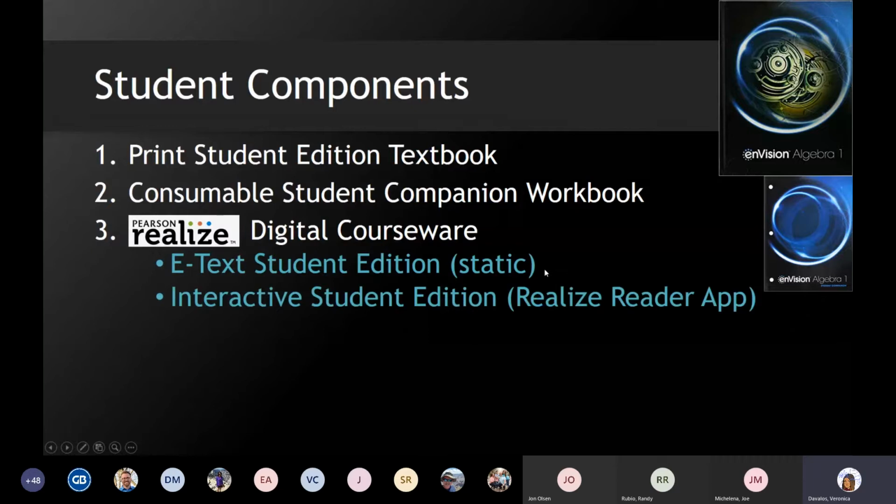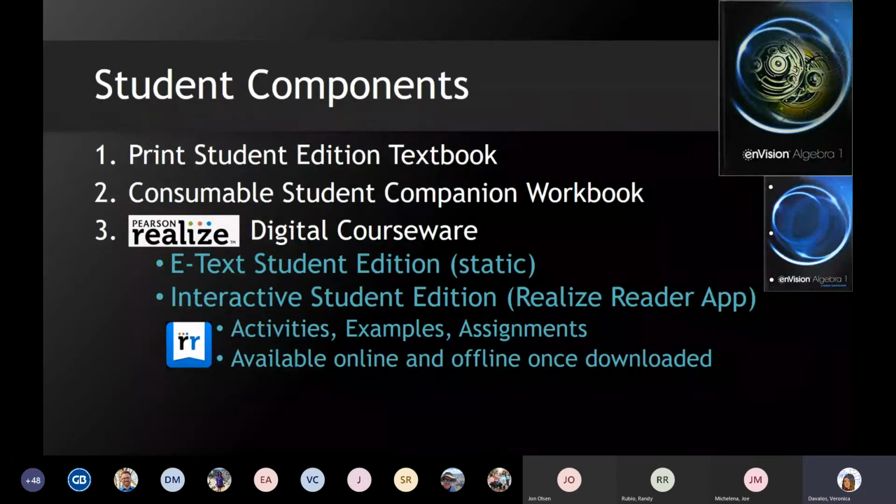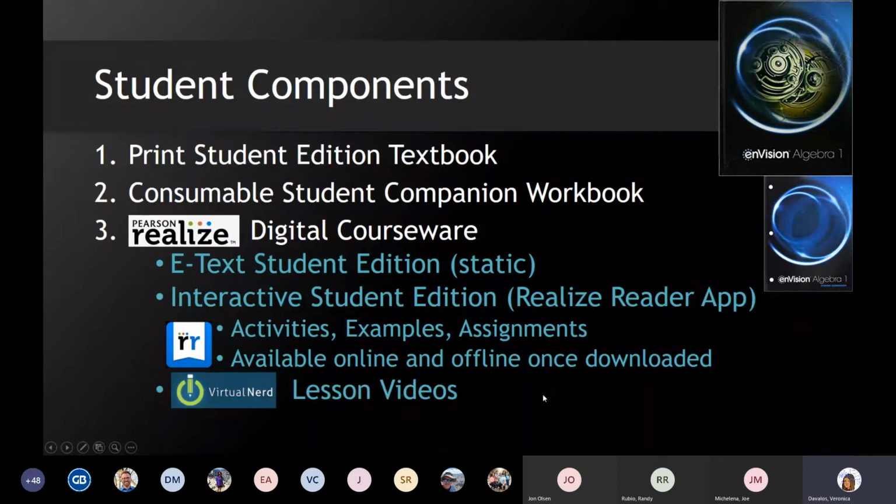They will also have an interactive student edition, which comes in an app called Realize Reader. This interactive student edition will have activities, examples, and assignments that they'll be able to work on interactively. They'll get auto-scored, auto-graded activities, and again, this would all be available online or offline to our students.